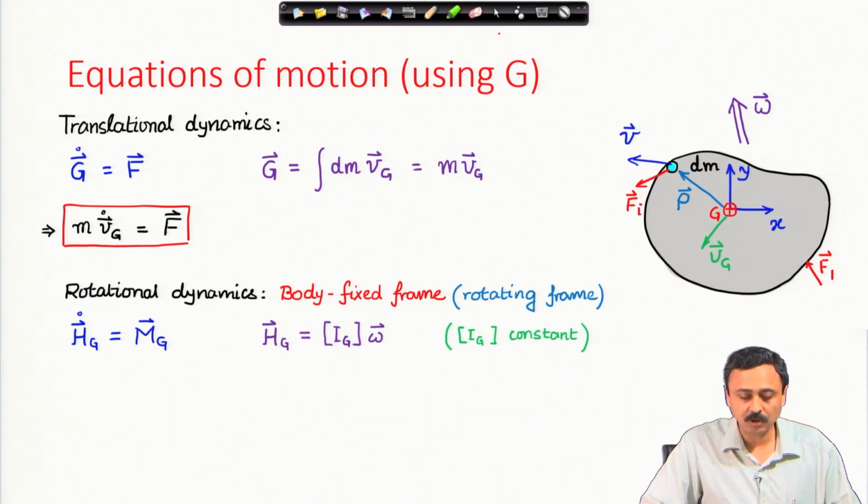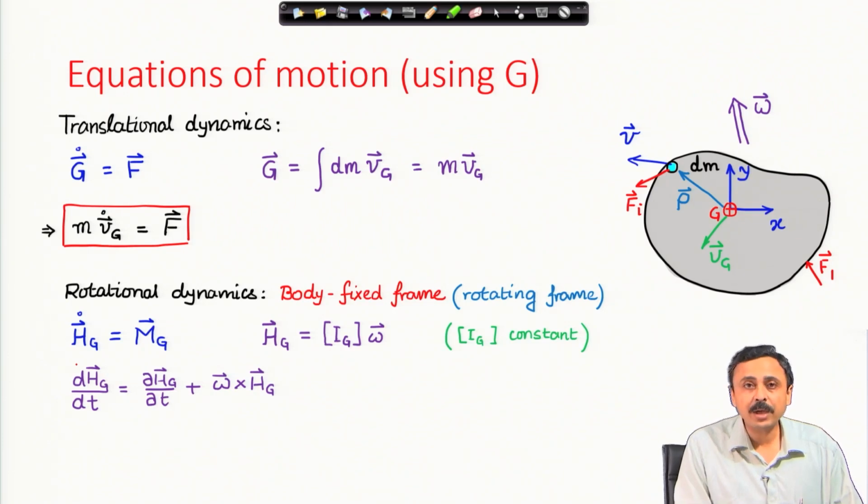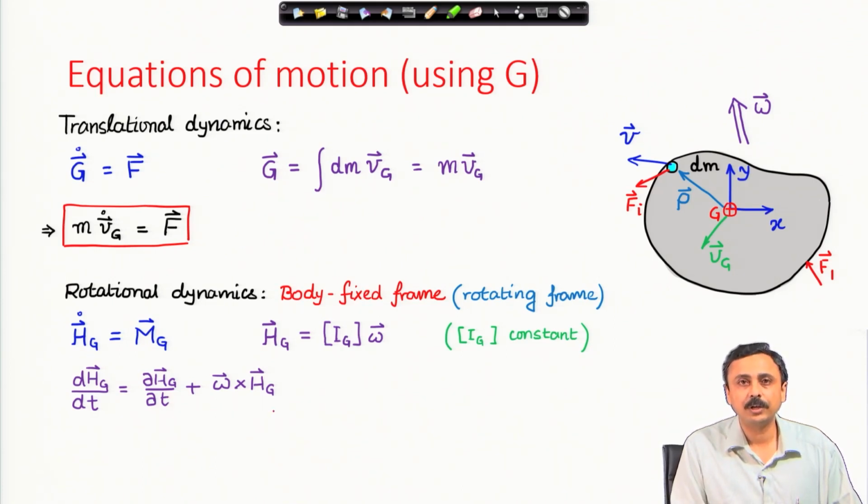Therefore, when I differentiate this, because I am using a rotating frame, what is the frame angular velocity? Same as the body angular velocity. Therefore, d dt of angular momentum about center of mass is del del t of angular momentum about center of mass plus omega cross the angular momentum of the body about center of mass.